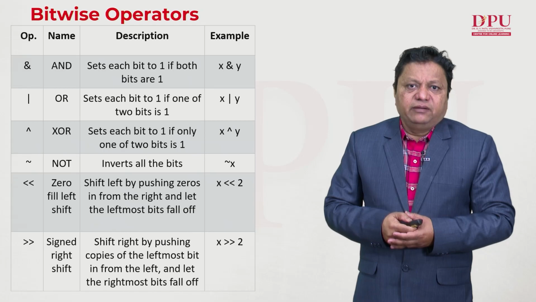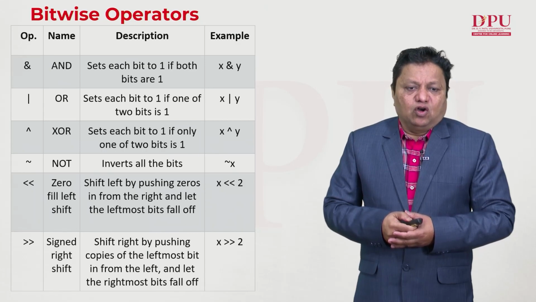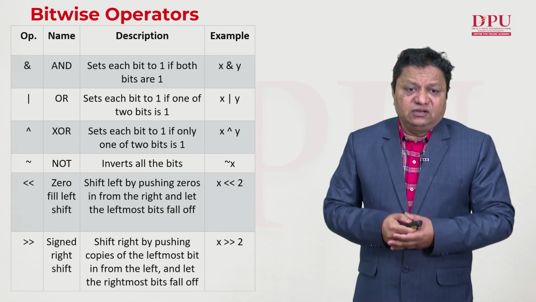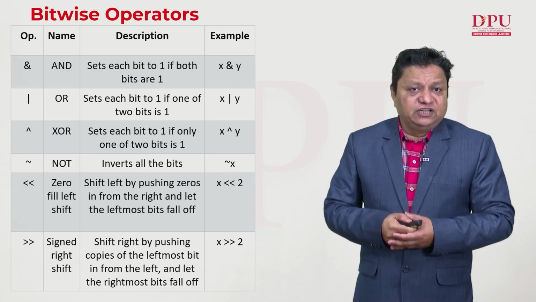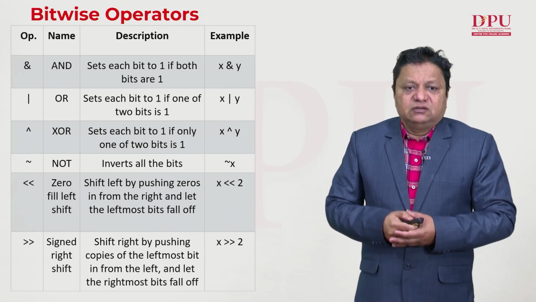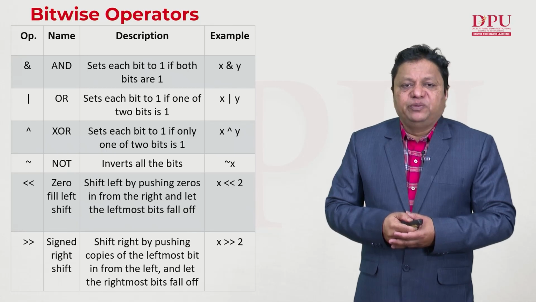Following are the bitwise operators: the AND operator, the OR operator, the XOR operator, the NOT operator, the zero fill left shift and right shift. The AND operator sets each bit to 1 if both bits are 1.